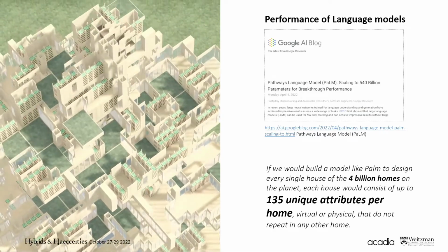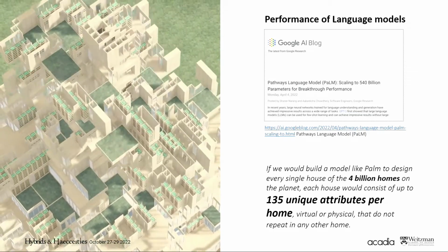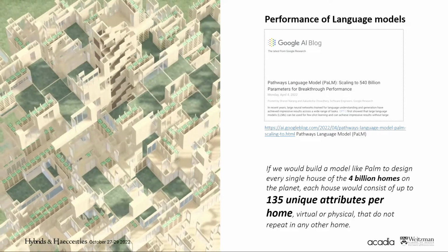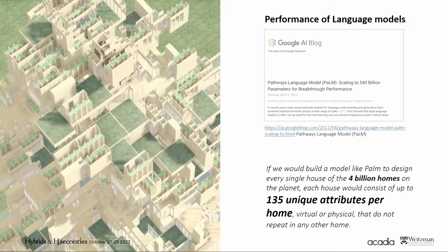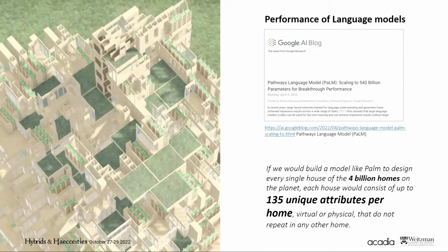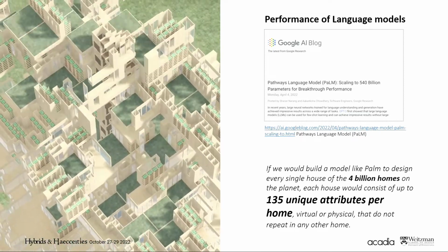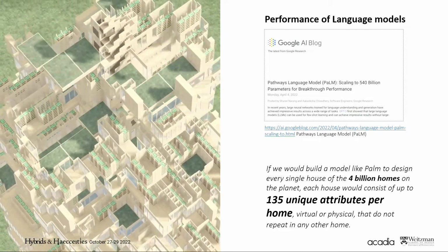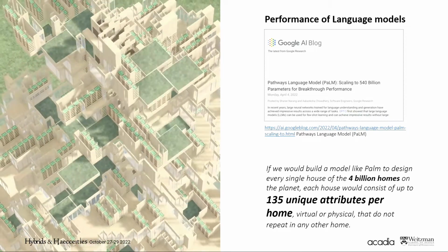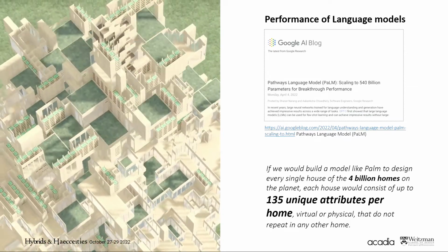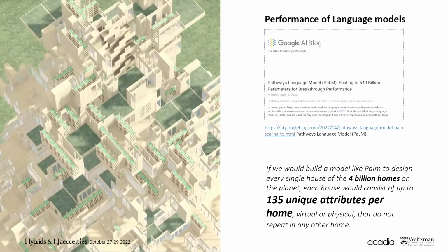At the ceiling, when we need 10 billion inhabitants, a ceiling would be 4 billion homes. That would mean if we trained a comparable model with architectural data, you could have each single home with 135 unique features designed, with that kind of model or computational quality.